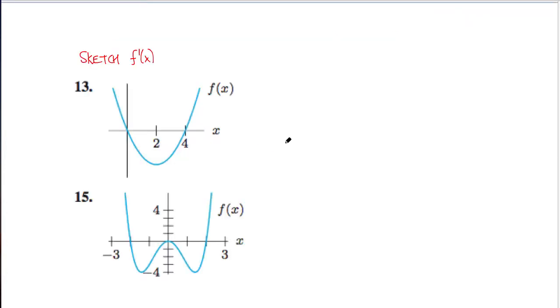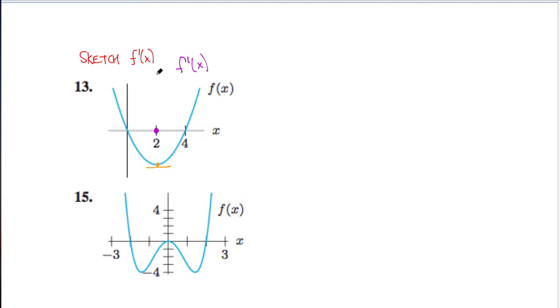For questions 13 through 16, or 13, 15, and 16, all we're doing is sketching f prime of x, which is the derivative. The important part here is that we have the same alignment with our original function. So for this particular function, we have a point that is of interest right here where our slope is 0. And so that translates to an f prime of x that has 0 value at x equals 2.